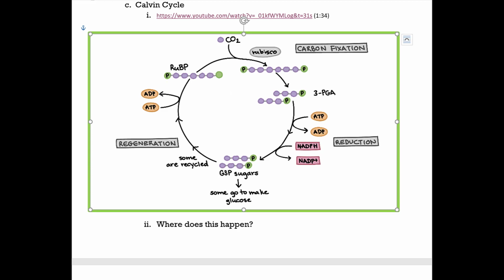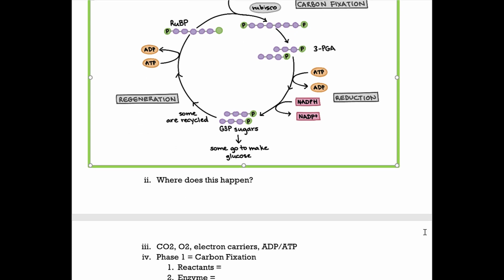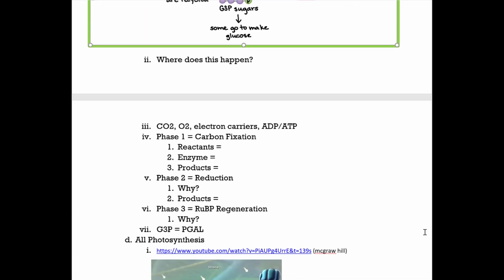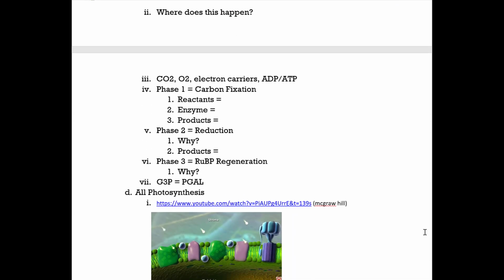All right, questions for this material will be very similar to the ones that we've seen before. Where does it happen? Make sure you know that this happens in the stroma and not in the matrix and not in the cytoplasm. Once again, we look for carbon dioxide, oxygen, electron carriers, phosphorylation of ADP.